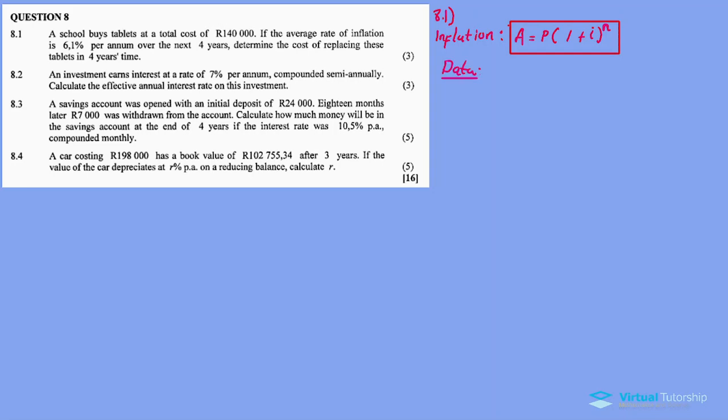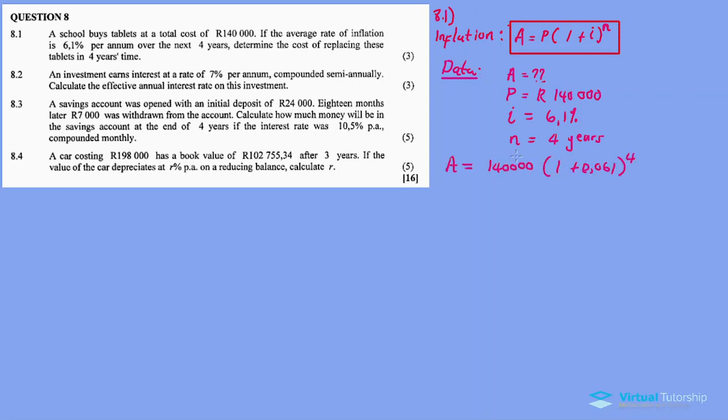So now let's write down the data for question 8.1. We calculate A, in other words, we want to know the accumulated amount or the future amount. I'm given P, I'm given i as well as n. So A is unknown, P is equal to 140,000, interest is 6.1%, and n is equal to 4 years. So let us substitute into the equation.